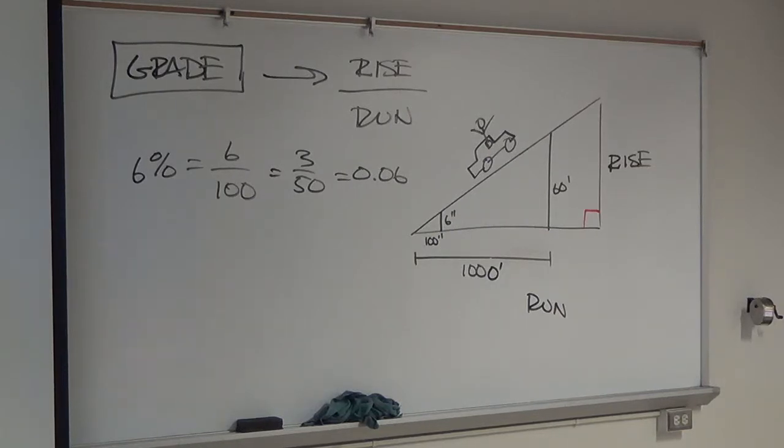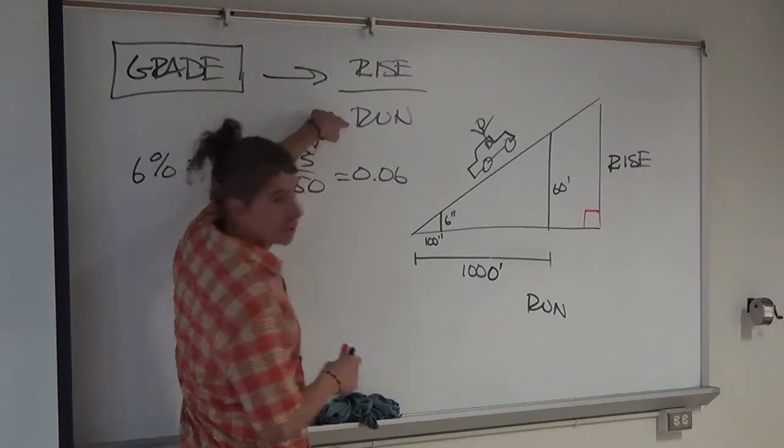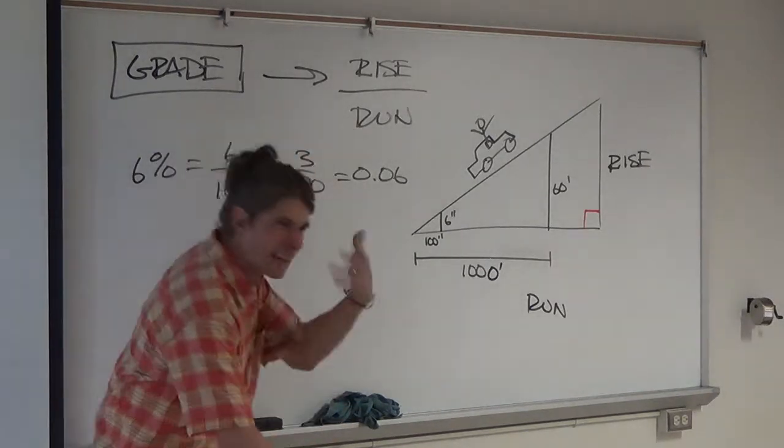For example, the unit on the vertical might be meters, so they might be measuring rise in meters, but they might be measuring run in miles. So you've got meters per mile. You can't cancel meters per mile. You have to convert one to be the other. So just be aware of that. Be aware that whatever units are here, they have to agree with the units here. Keep that handy as we go through today.